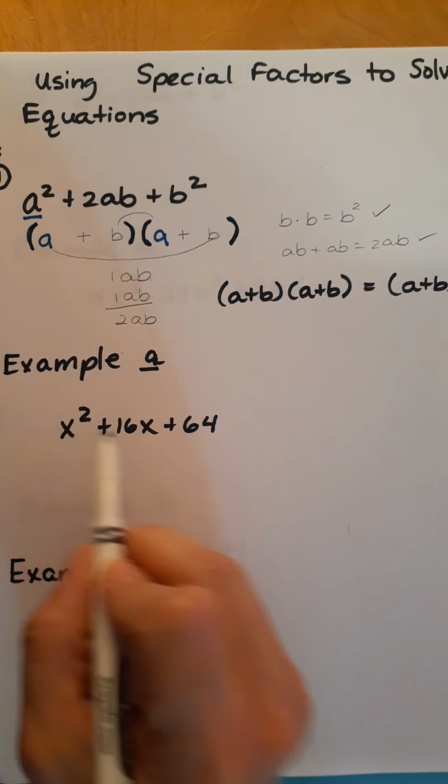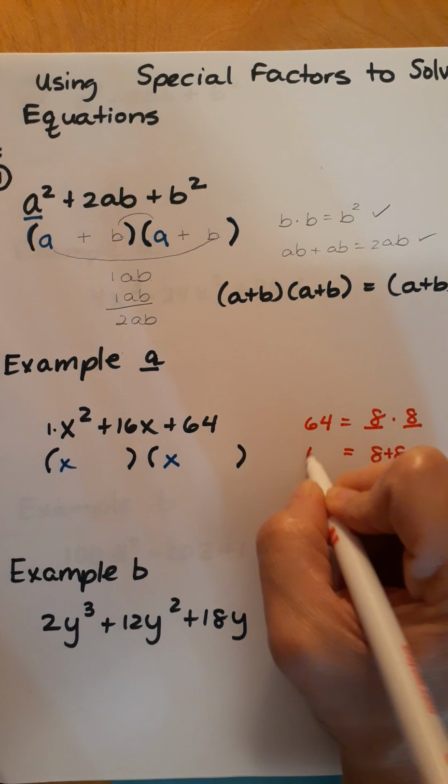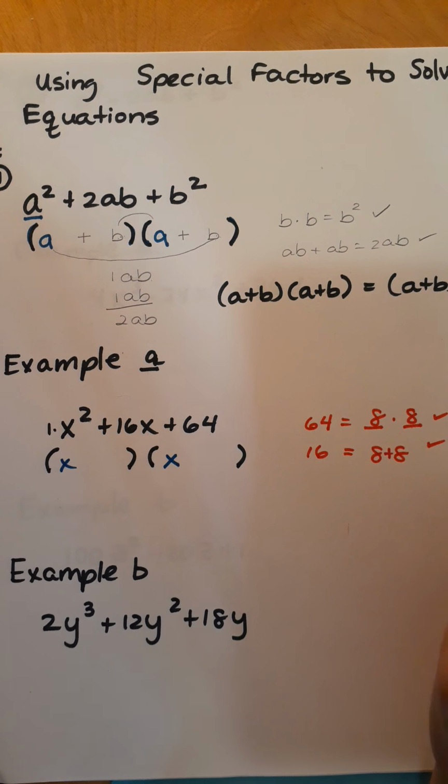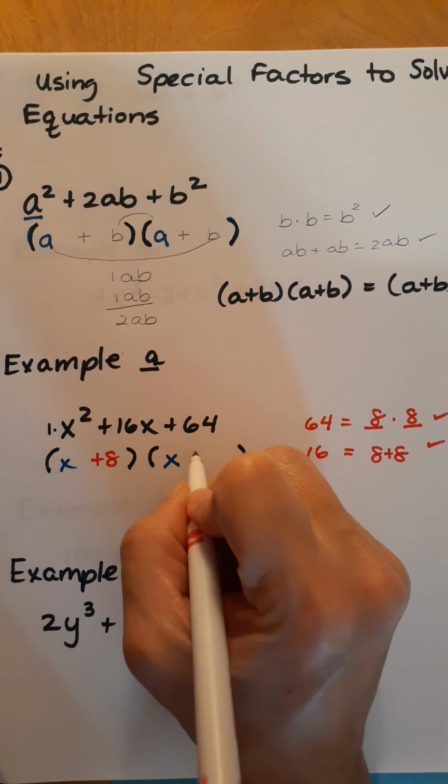The first term is really simple to do, x times x. Now, the back term is 64. Now, I have to think of two numbers that I multiply that give me 64, that when I add them, I get 16. And that's pretty simple. It's 8 times 8, because 8 plus 8 is 16. And this satisfies both requirements. So plus 8 plus 8.